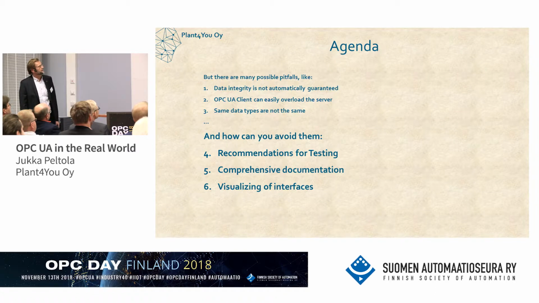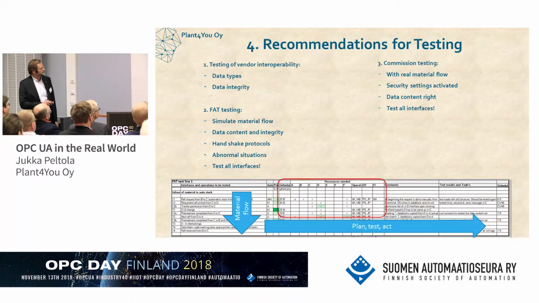And then in FAT testing, you have to test everything, simulate the material flow, do a test plan where each interface is listed, from the material flow point of view, and then simulate the material flow, ensure that the data content and integrity is right. Handshake protocols work also in abnormal situations, and test all interfaces, not just some.